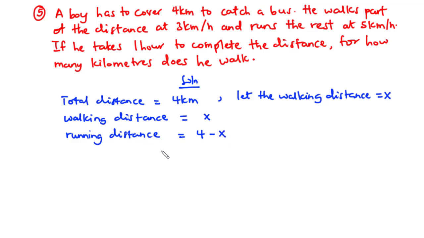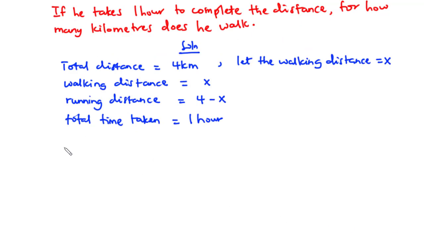This is the running distance. If it takes 1 hour to complete the distance, so the total time taken is 1 hour. For how many kilometers does he walk? So we are going to find the walking distance, which is x.